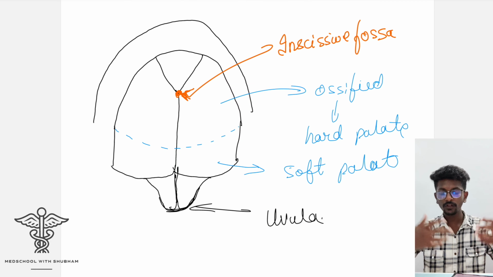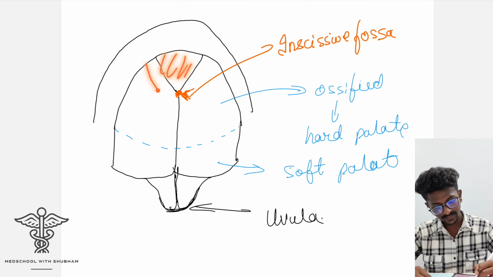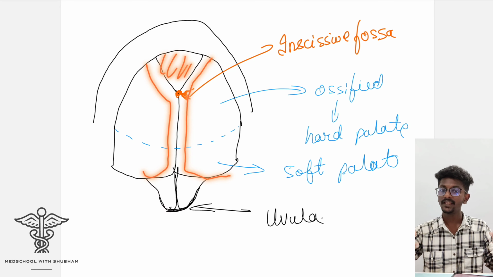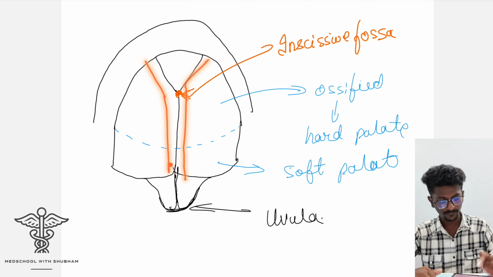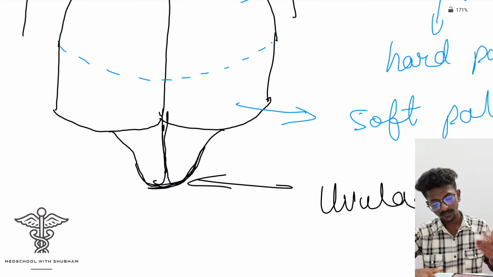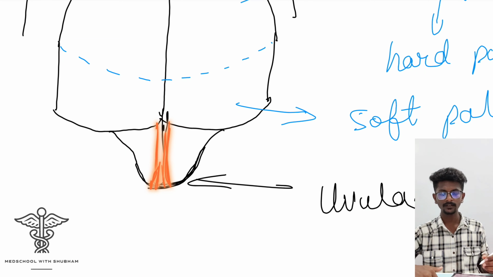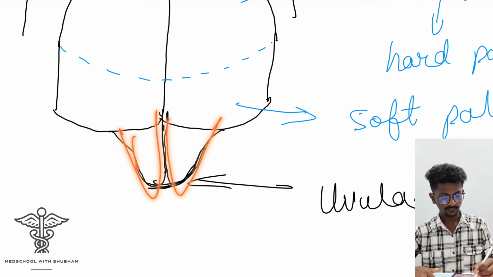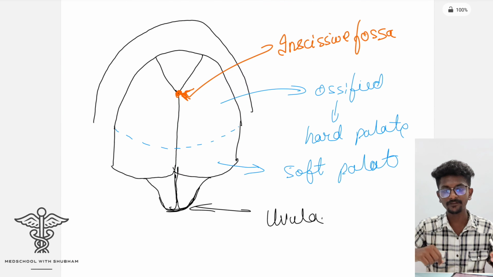If all the three components, premaxilla and both lateral palatine processes, don't fuse with each other, then it will cause a complete cleft palate. Okay. And also what will happen? If the palatine process doesn't fuse in the uvula part, it will cause the bifid uvula. Means this uvula will have two components, that is called as bifid uvula.